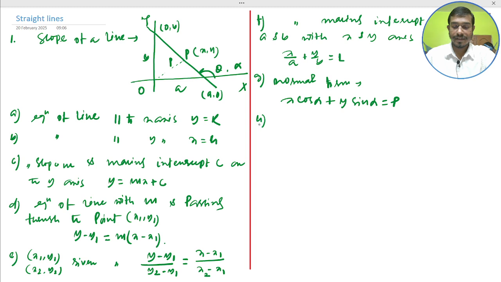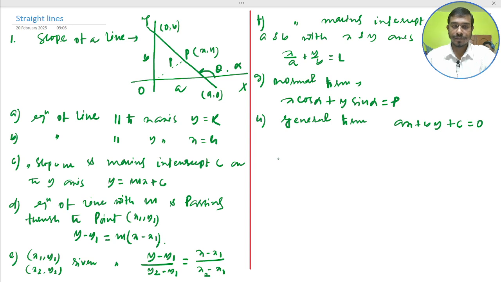And next, the general form of the equation of a line: ax plus by plus c equal to 0. Okay, this is the general form. I repeat, ax plus by plus c equal to 0.